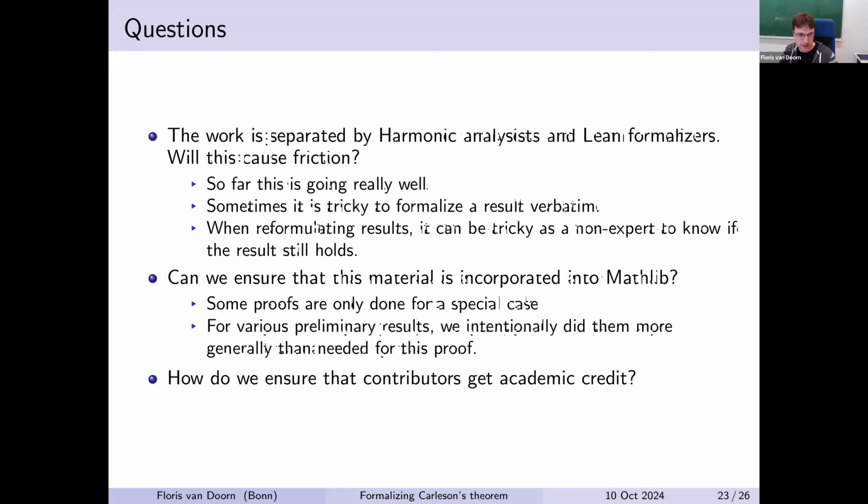But for a lot of the preliminary material that I need and some earlier results, we intentionally try to formulate them very generally in Lean so that, after we're done or while we're still going, we can port them to Mathlib.